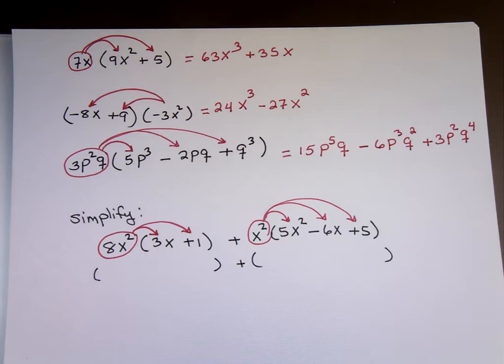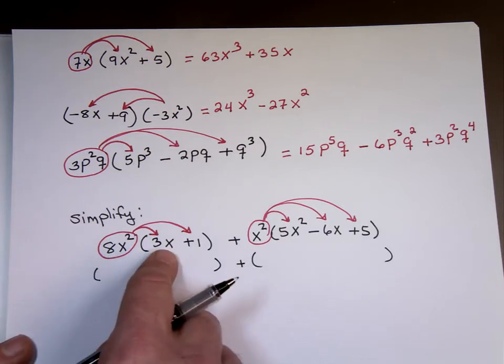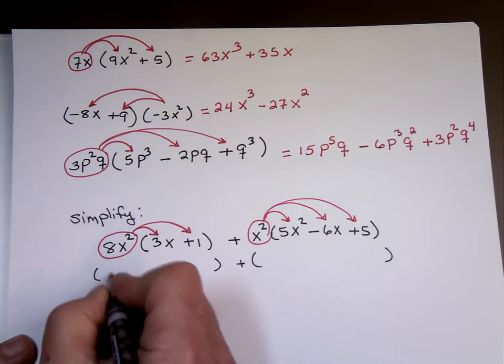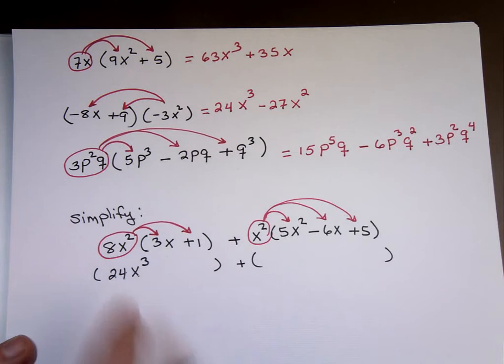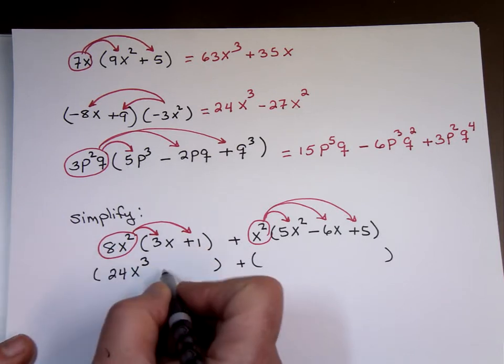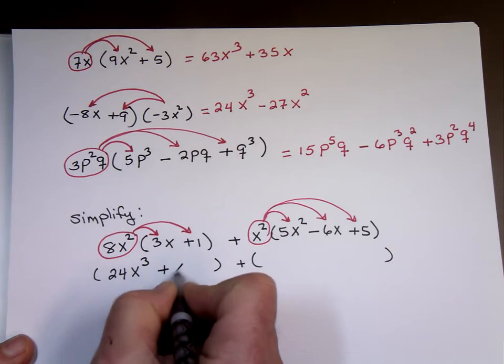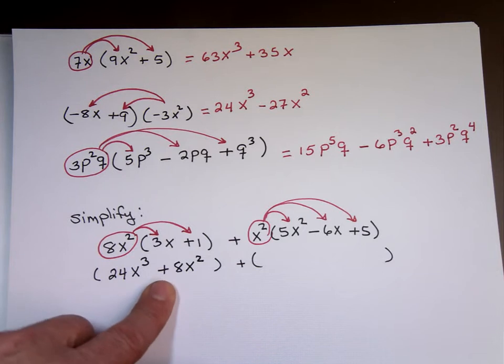What is 8x squared times 3x? 24x to the third. What is 8x squared times plus 1? Is it positive or negative? Positive 8x squared, because you have to put an operation here. You can't just write 8x squared. It has to be a plus or minus.